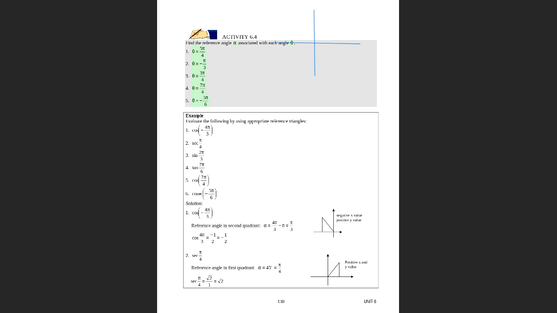Here will be zero, here will be pi over two, here will be pi, here will be three pi over two, then here will be two pi.